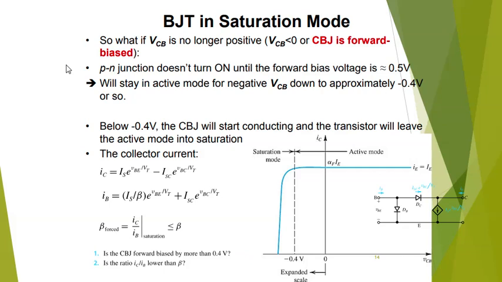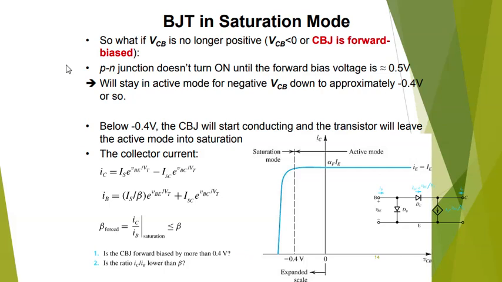This PN junction doesn't turn on until this forward bias voltage is almost half a volt, and it will stay in active mode for negative VCB down to approximately minus 0.4 volt. Below that, this collector-base junction will start conducting, and the transistor will leave the active mode and go to saturation.